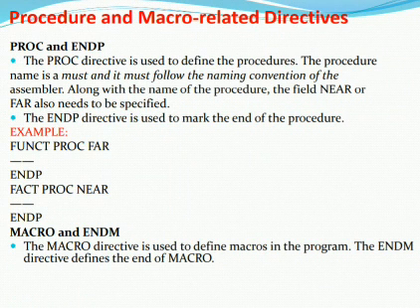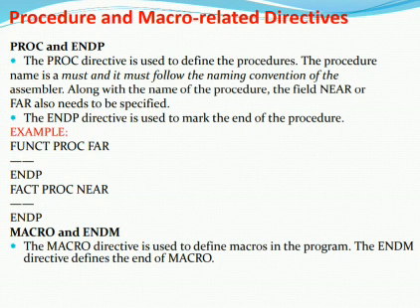See the example, function PROC FAR ... ENDP. Next, fact PROC NEAR ... ENDP. Each is ended with the ENDP statement. The ENDP directive is used to mark the end of the procedure. And PROC FAR and PROC NEAR are used for calling the nearest function as well as the farthest function.